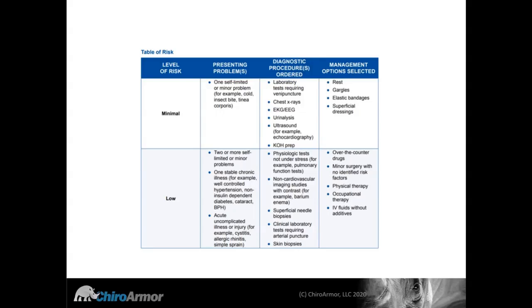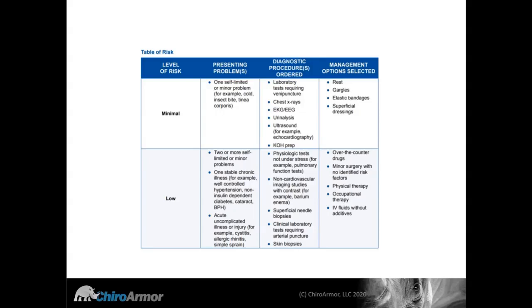And so let's say, for instance, we have a presenting problem that is an acute uncomplicated injury. This is one of those injuries we refer to as a low back strain sprain injury. It's going to be resolving with treatment. Maybe we treat the patient for 2 weeks, 3 weeks, a month, whatever the case may be, and they're good to go after that. What are the diagnostic tests that may need to be ordered?